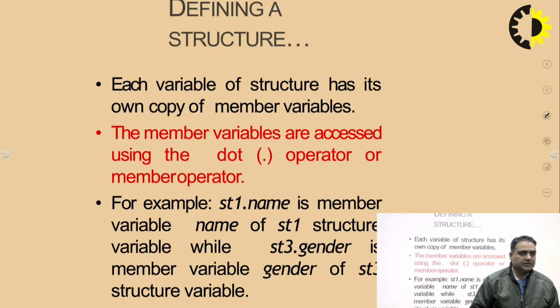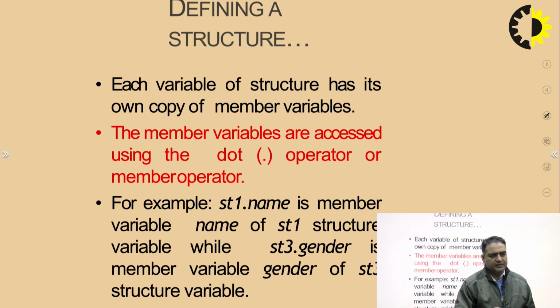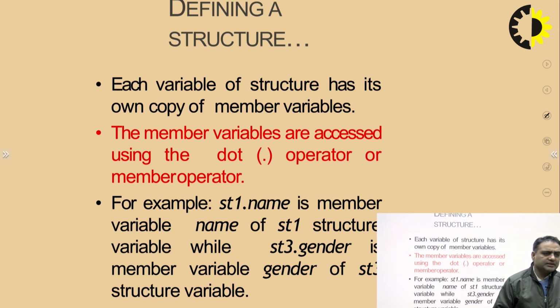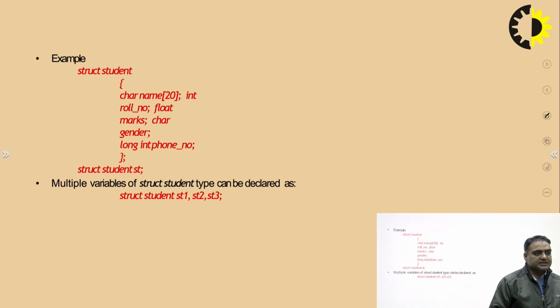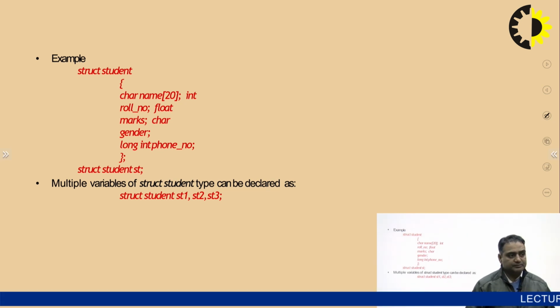Each variable of a structure has its own copy of the member variables, accessed using the dot operator or member operator. Here you can see st1 dot name, st1 dot roll number, st1 dot marks, st1 dot gender, st1 dot phone number.